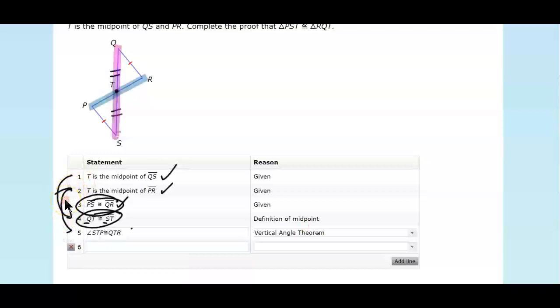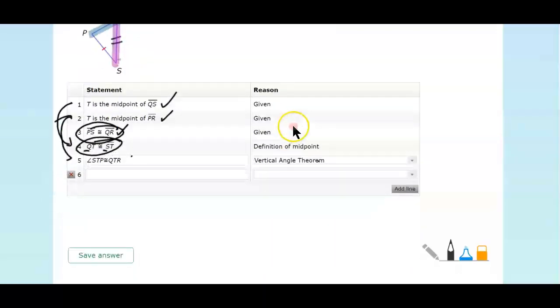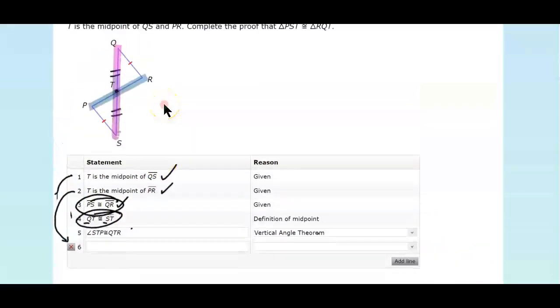Oops, erase that. I think this is what Tommy was getting at, but when we're doing our 2-column proofs, we do have to do it more step by step rather than jumping around with our long ones. So we also know that PT is congruent to TR.